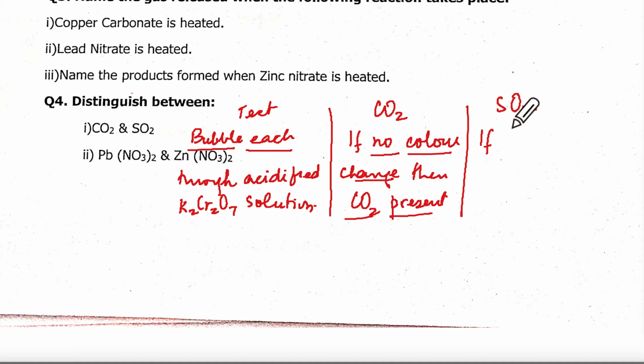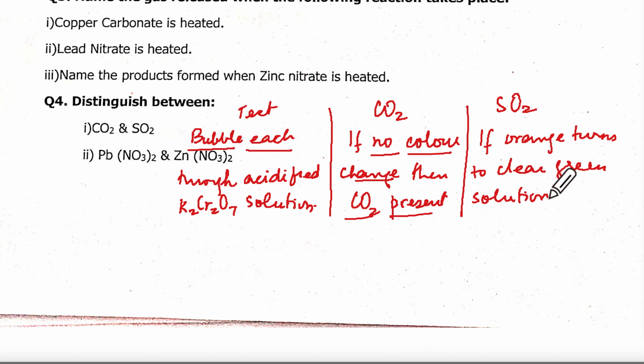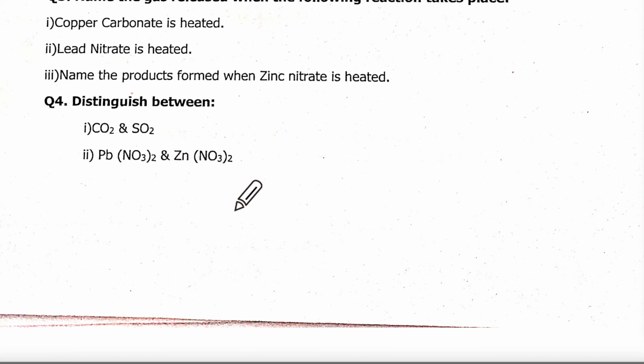And what will you say, if orange turns to clear green solution, underline orange turns to clear green solution, then SO2 present. How is it, good, bad or ugly? Tell fast. Good, ma'am. Now here what will I do? Distinguish between this and this. You will make the two columns.